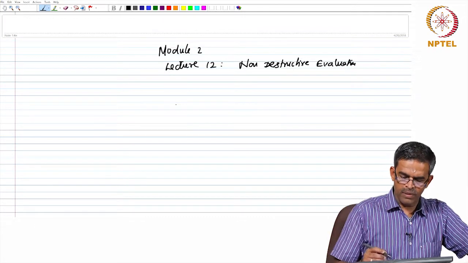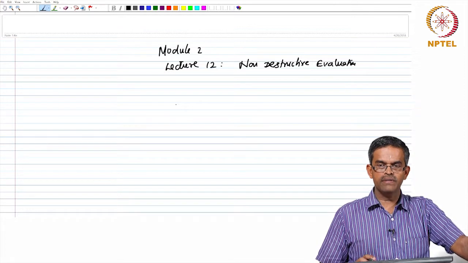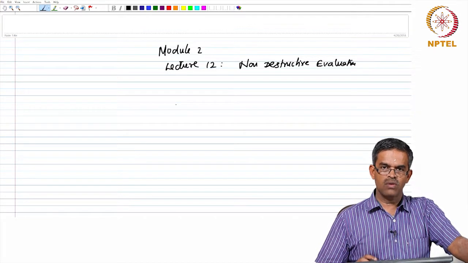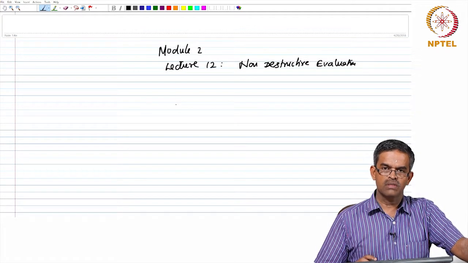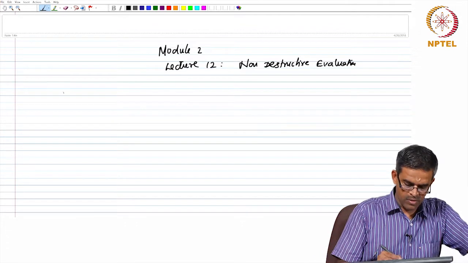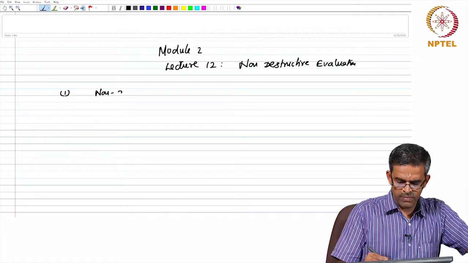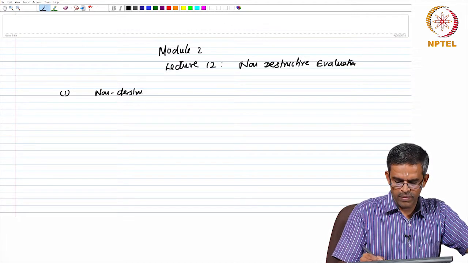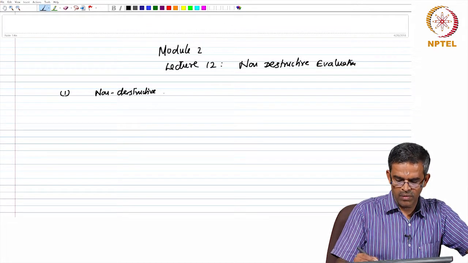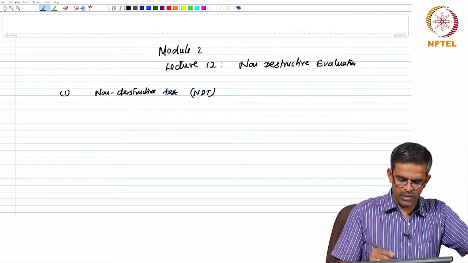There are three components or three major areas which can do non-destructive evaluation as far as structural health monitoring is concerned. One is non-destructive testing, briefly known as NDT.